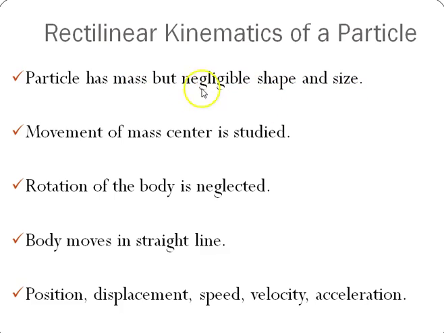When we say negligible, we don't say it is very small. What we mean is the size of the object is of no consequence, because we will study the movement of its mass center and say that whatever applies to this mass center applies to all the other points. That is the reason why the shape and size are of no consequence.